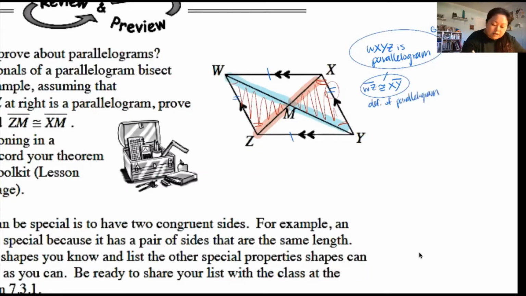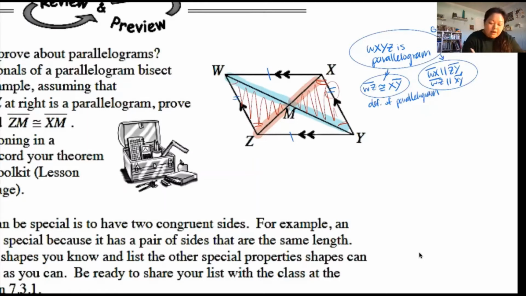Also, we know that WX is parallel to ZY, and WZ is parallel to XY. And these are also the definition of parallelogram, so I didn't need to write it two times, okay?